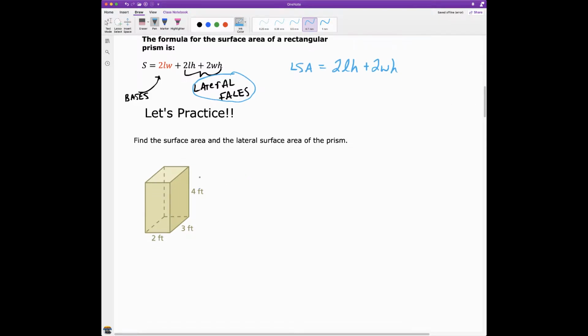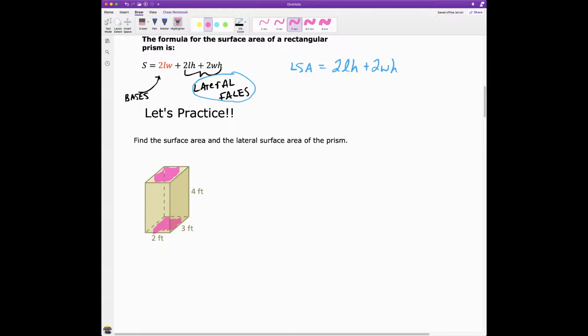Find the surface area and lateral surface area of this prism, which is a rectangular prism. This face on the bottom represents a base, and this face on top is also a base.